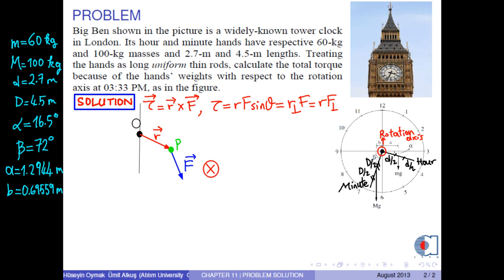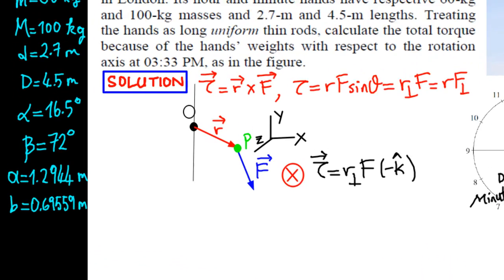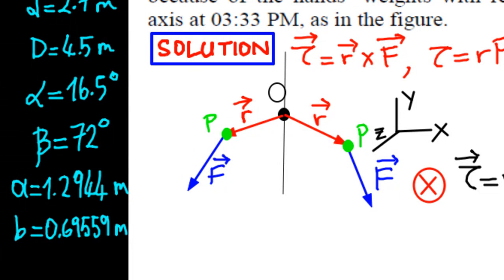If we use three-dimensional x, y, z coordinate axes, the torque is in the negative z direction. So we write tau equals r perpendicular times F times negative k hat, where negative k hat is the unit vector in the negative z direction. Also, for this case, the direction of torque is towards you.